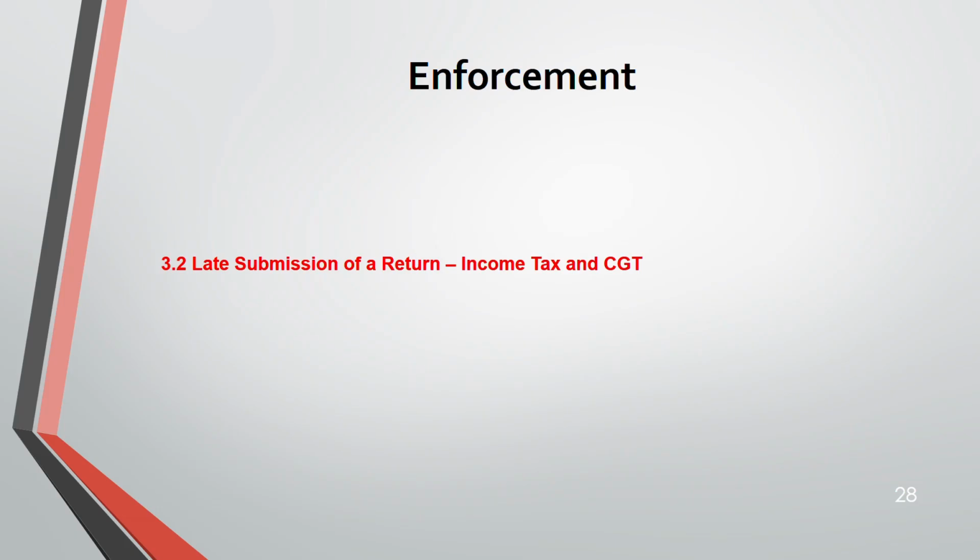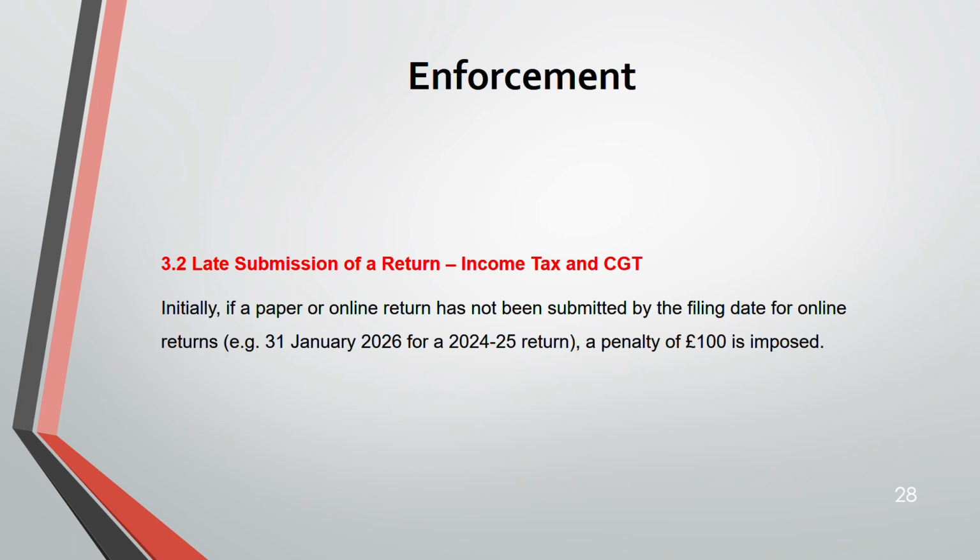First mistake, when you are submitting a return late, whether it is income tax or CGT. So initially, if a paper or an online return has not been submitted by the filing date, okay, if it's online, then by 31st Jan 2026, a penalty of 100 is imposed.